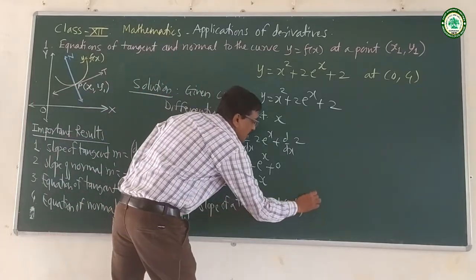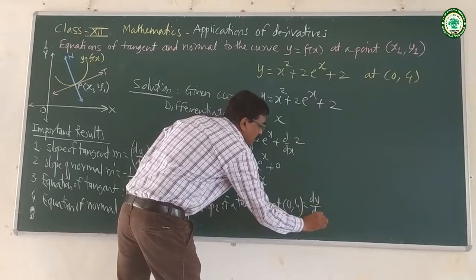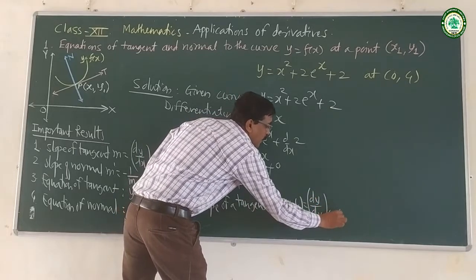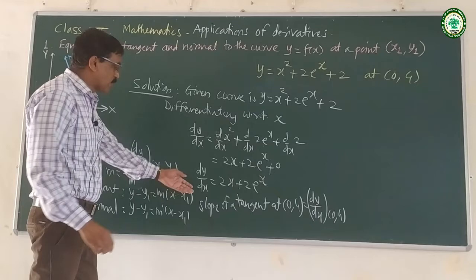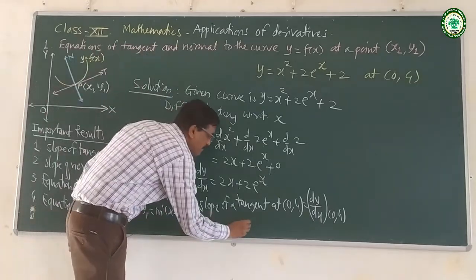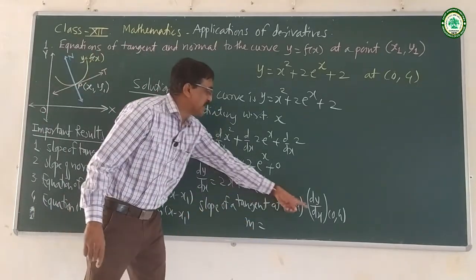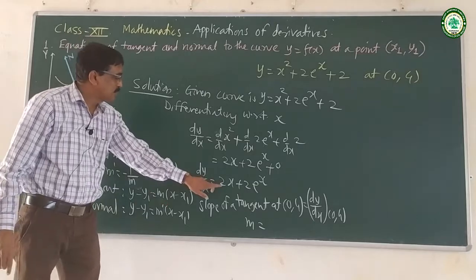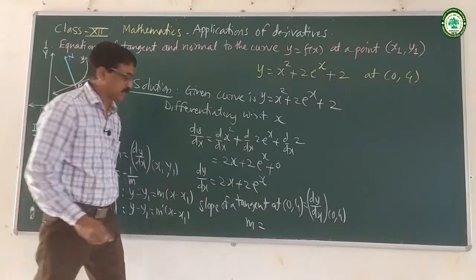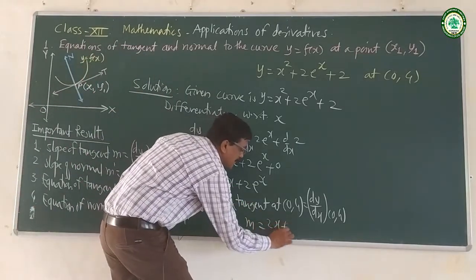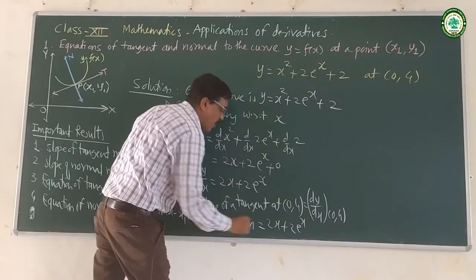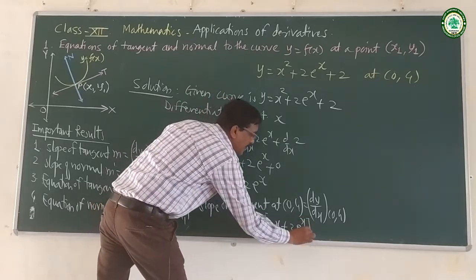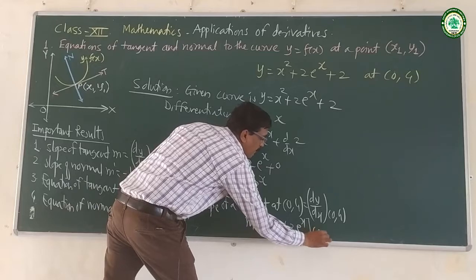It is equal to dy by dx, derivative of the curve at 0, 4. Let us call it as m. So m is equal to derivative. What is the derivative? We have found, see here, 2x plus 2 e raised to x at the point 0, 4.